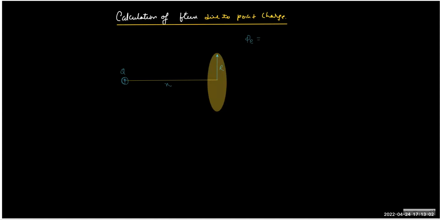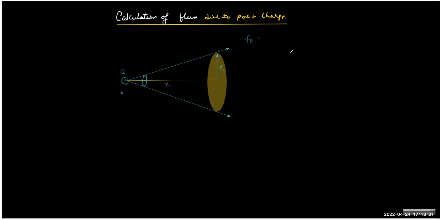So we can clearly see that anything within this angle will pass, the rest will not pass, right? Everything in this angle will pass through the surface, the rest will leave it. So you know the formula. How to find the answer?